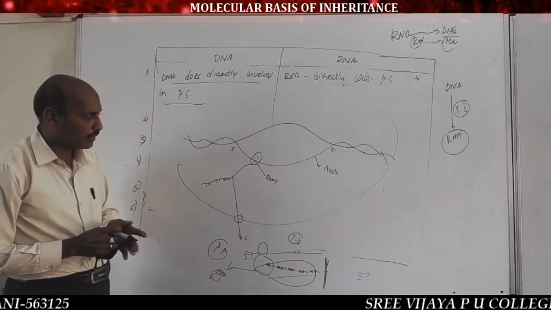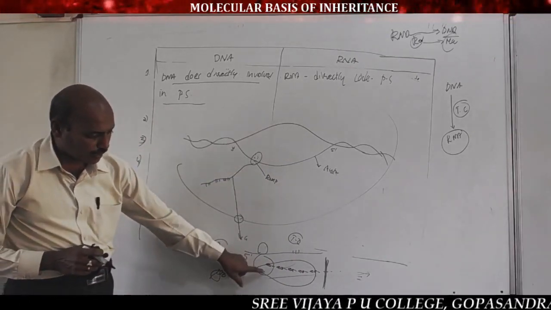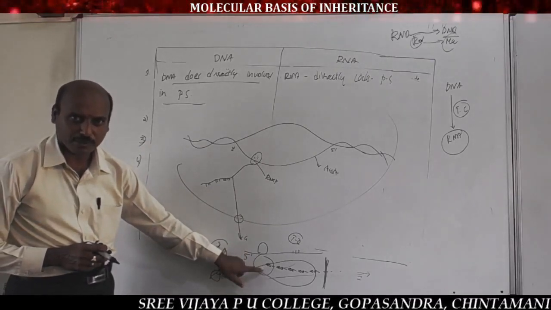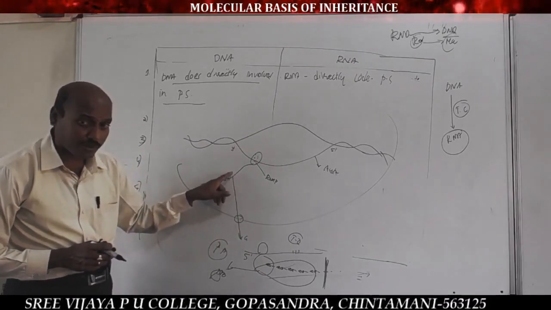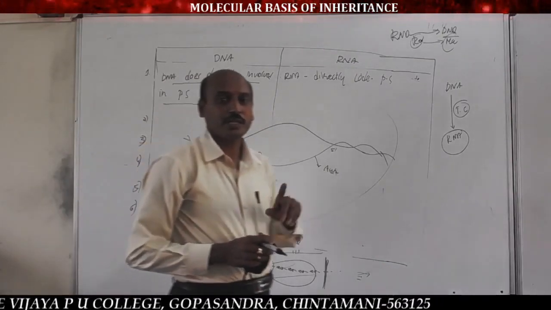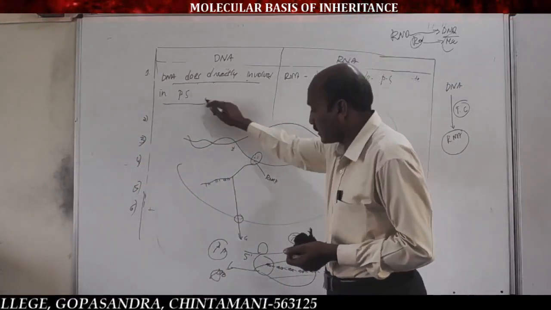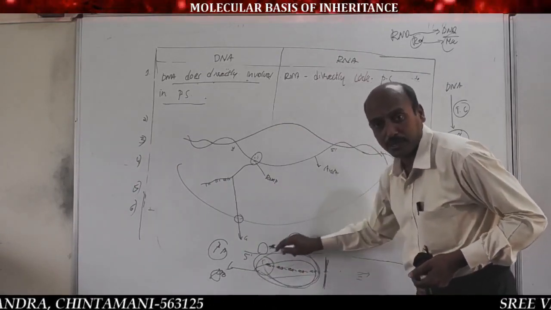Remember this statement: the DNA is never directly involved in synthesis of a polypeptide chain or protein chain. Important. It is involved indirectly by the mediator of mRNA. That is the difference at this point. DNA does not directly involve in formation of polypeptide chain, protein molecule.